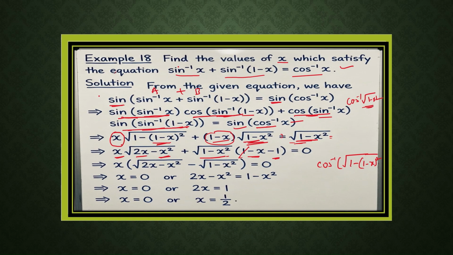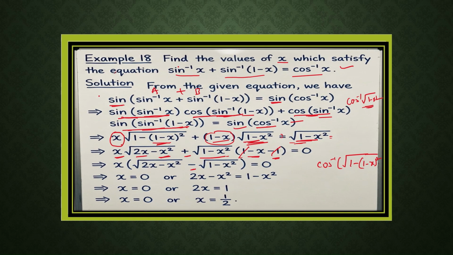Then plus 1 minus 1 gets cancelled. Then you are left with root 1 minus x square into minus x. This minus, this plus, finally plus into minus becomes minus here.